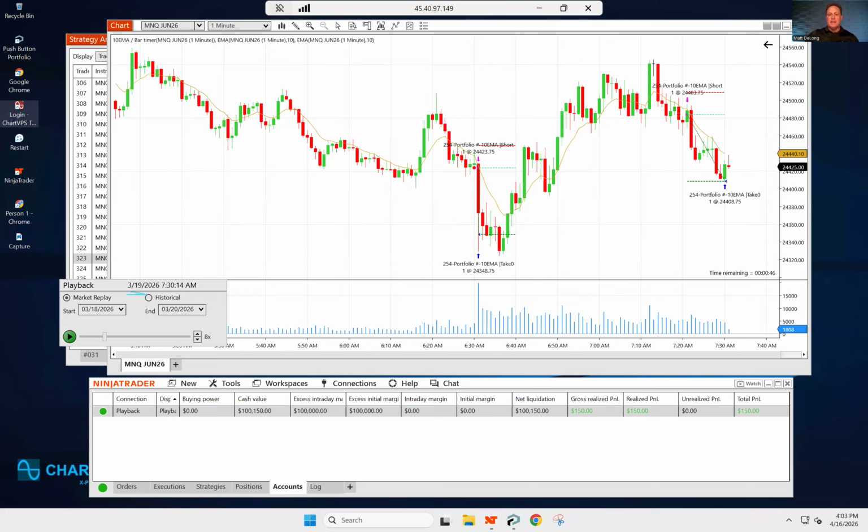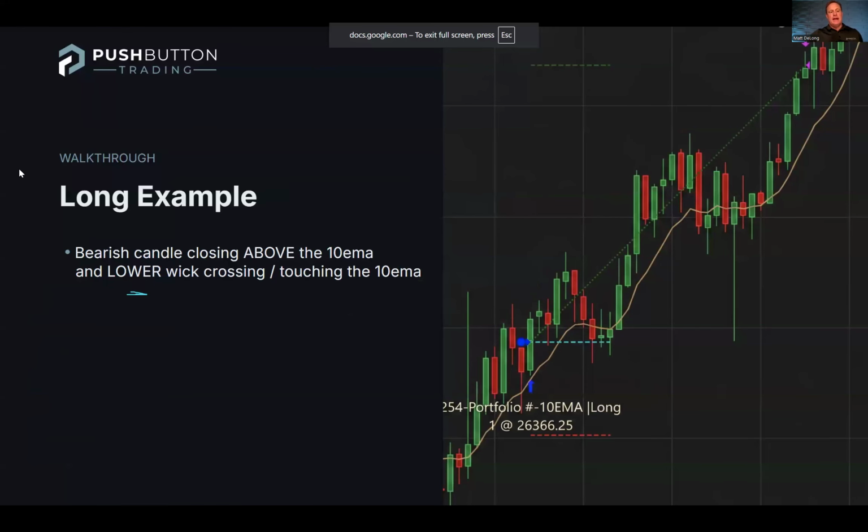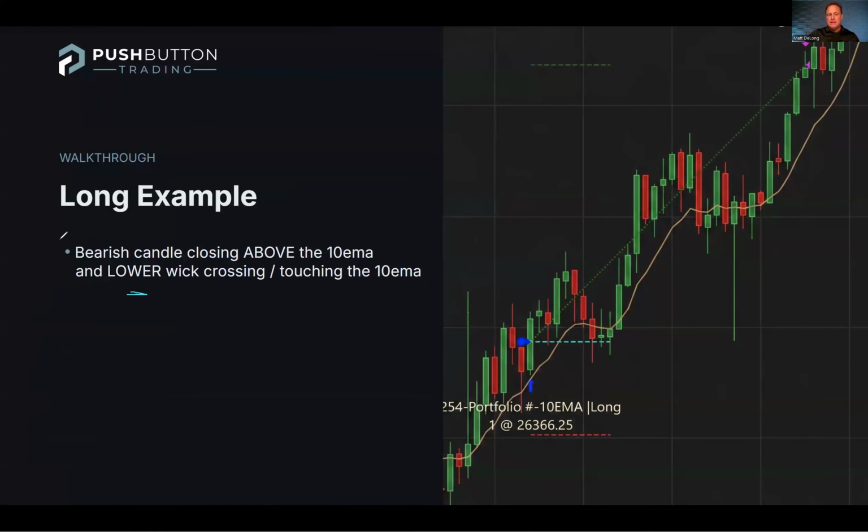Someone asks if the entry must be the next candle. Great question. So let's go back into that real quick. Does it have to be the next candle? No, it does not have to be the next candle, but in our examples, it typically happens to be. So in this case, for the long, we just want anything crossing above here.